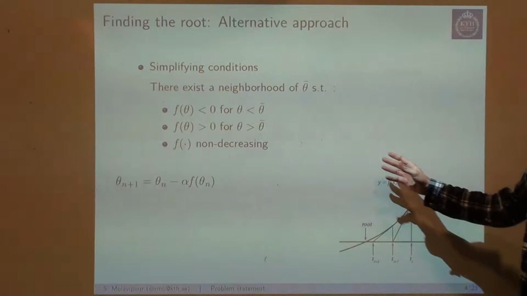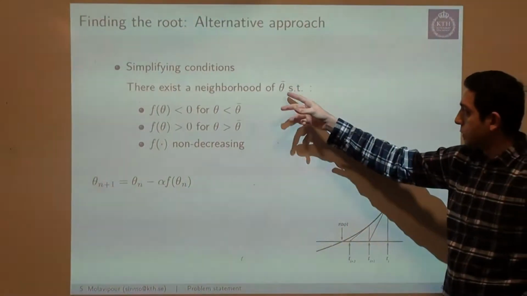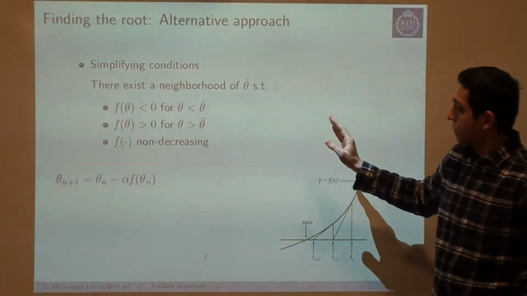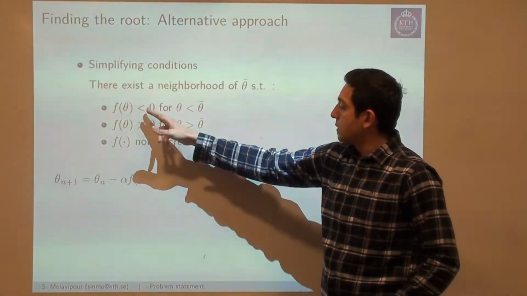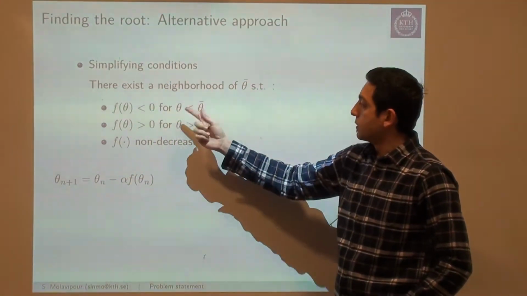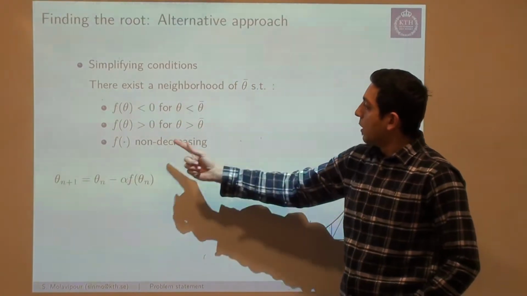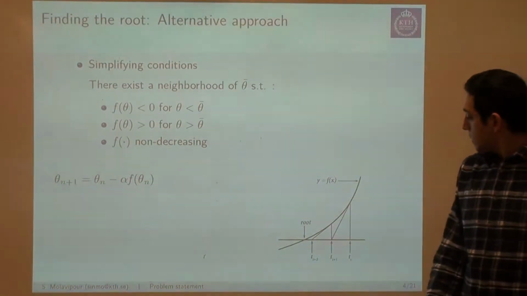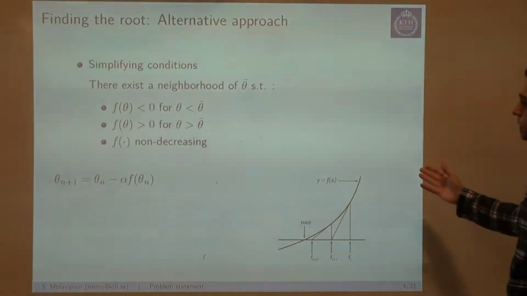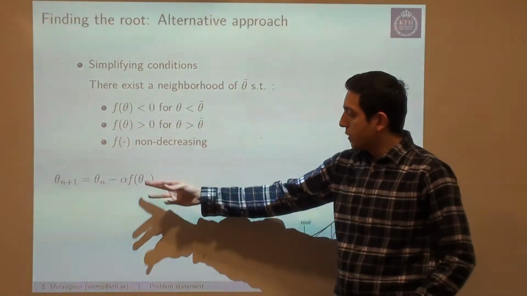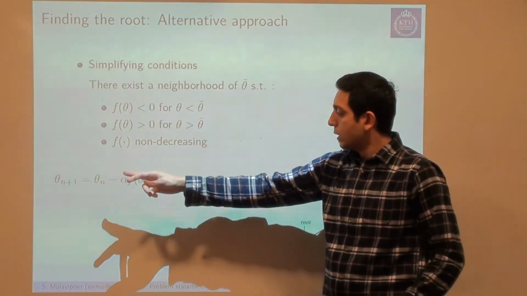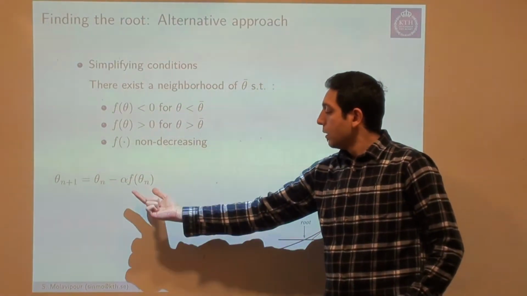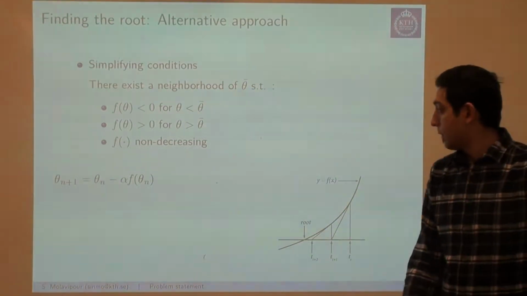If in a neighborhood around this solution, f of theta is smaller than 0 for values smaller than the solution, so we are still looking for the root, and it is positive for values above the solution, and f is non-decreasing, then we can use an algorithm where theta n plus 1 is theta n minus a factor alpha, which is constant here, times the value of f of theta n.